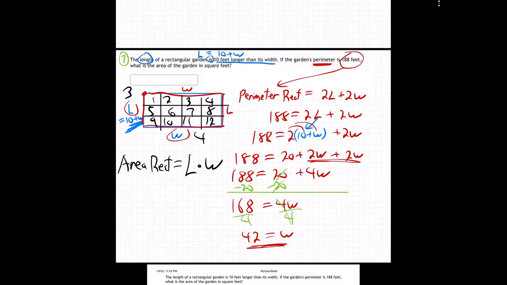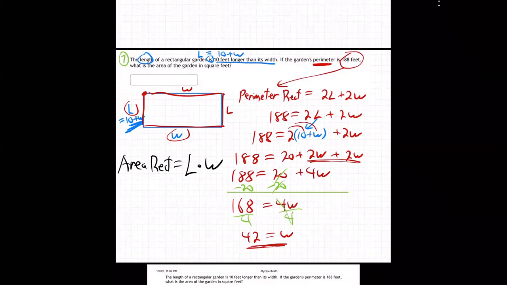That's the area. I just want to show you that the area formula is just one side times the other, just length times width, right? If it was 3 squares tall and 4 squares wide, 3 times 4, there'd be 12 total squares inside. It's just length times width. That's how area formulas work.